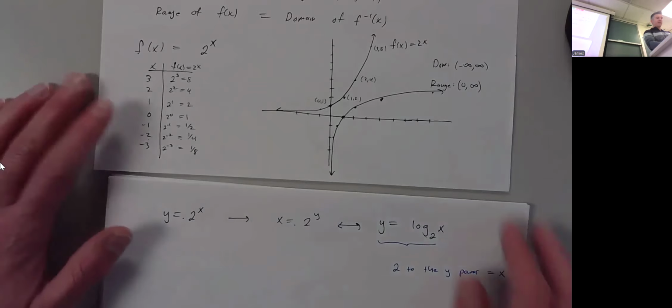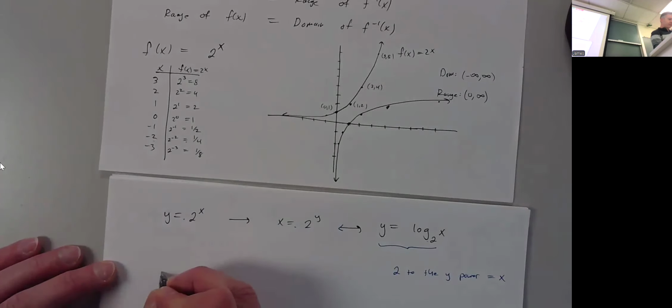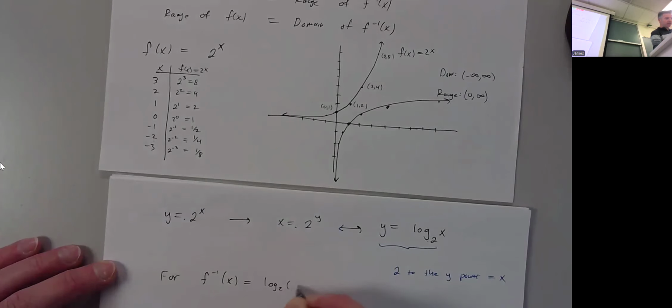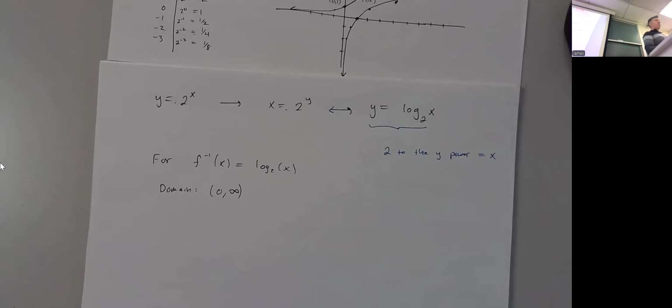And graphically, I think we can see that the domain for our logarithmic function here, so for the inverse function, f inverse of x equal to log base 2 of x, the domain is all positive numbers. That's how we see that we actually do have a domain restriction when we have a logarithmic function, right?